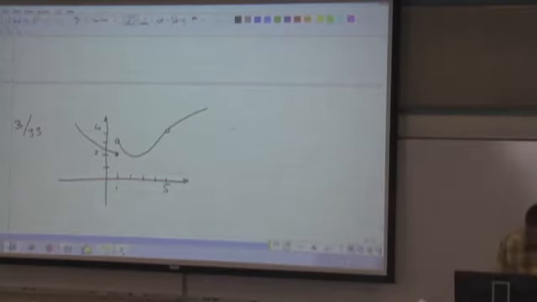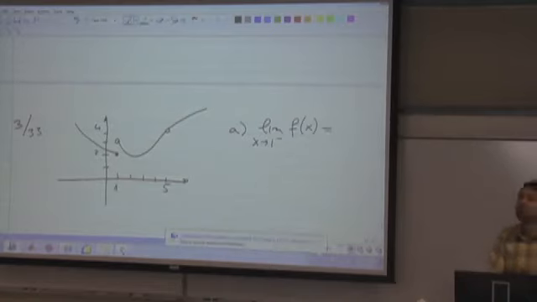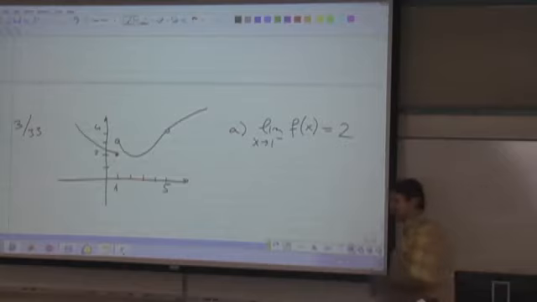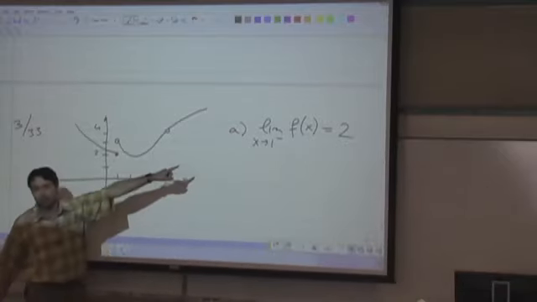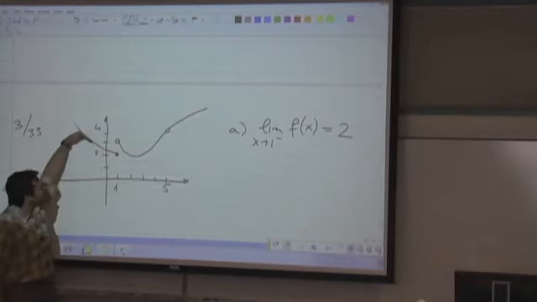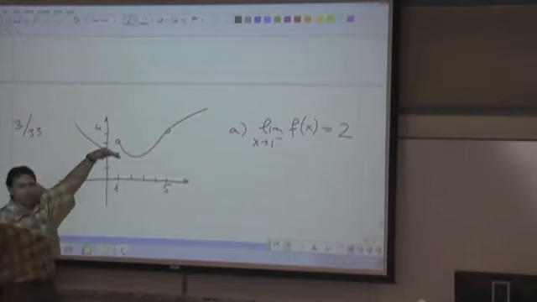So part A, what is the limit as x goes to 1 minus of f of x? Two? So we can follow it graphically, right? The point is, as x gets close to 1, but it's to the left of 1, means I'm coming down on this branch, and I'll hit 1.